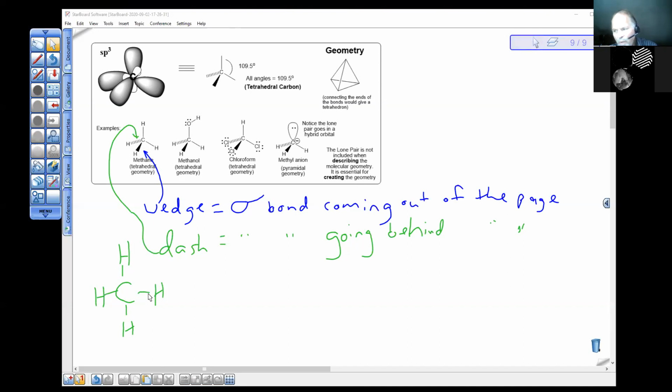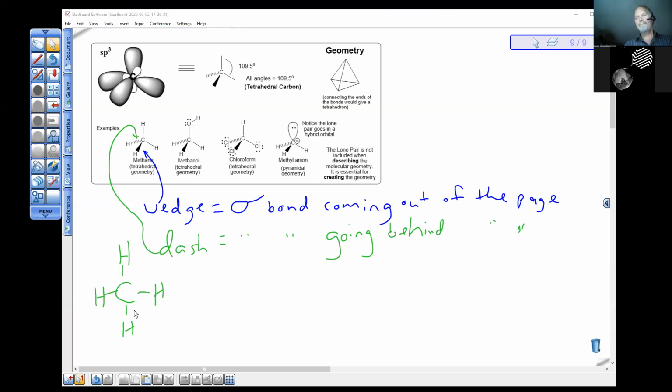If it's just one bond, it's called a sigma bond. And that's 1, and that's 2, and that's 3, and that's 4. You put your hand up, you've got 4 fingers up. S, P, P, P. The name of the hybrids is sp3, and there are 1, 2, 3, 4 of them.